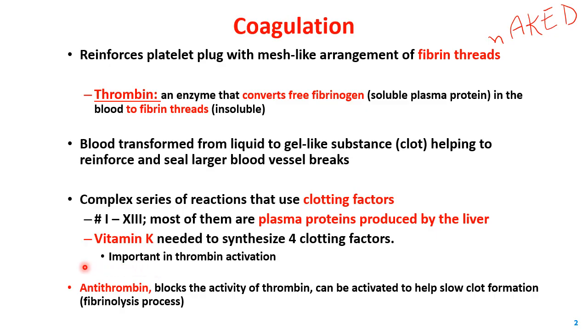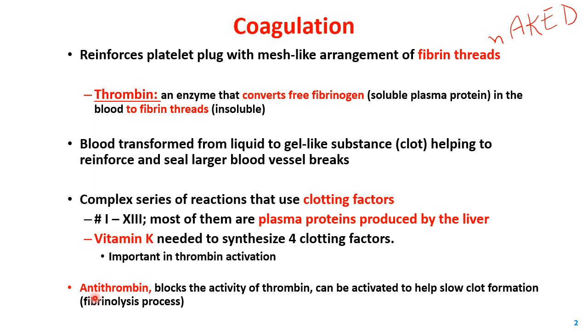Now, there are some anticoagulants that will actually prevent coagulation from happening, right? Because that's the whole meaning of anticoagulant. So this factor here, antithrombin, is present in the blood and is usually active to prevent coagulation from happening when you don't really need coagulation.